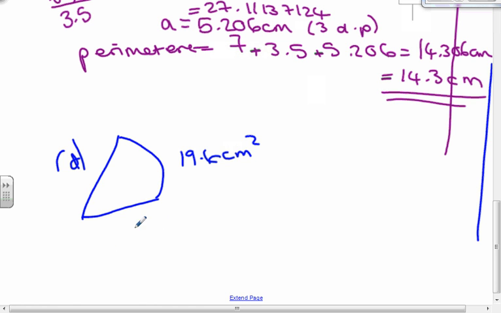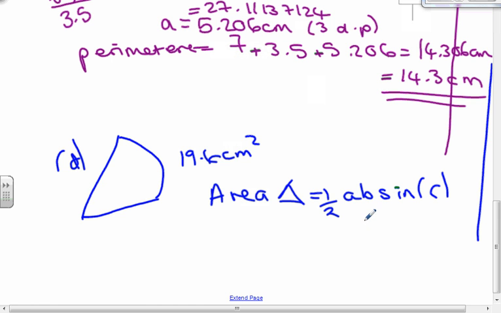To find the area of the triangle, we're going to use what we know from our sine and cosine booklet again. So the area of the triangle will be equal to a half ab sine C. So if I put this line back in, this is 7 centimetres, this is 3.5 centimetres, and we know that this is 0.8 radians.